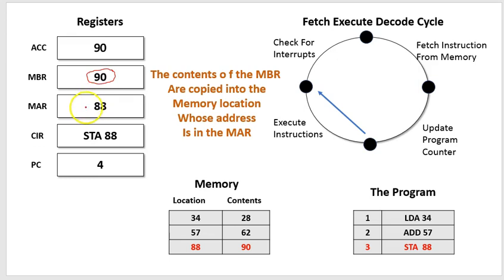We know that here is the memory address register, and that's the address. So the contents of the MBR are then copied into this register here. Previously it was 135, but now it becomes 90 because the contents have been copied from the MBR into memory location 88.